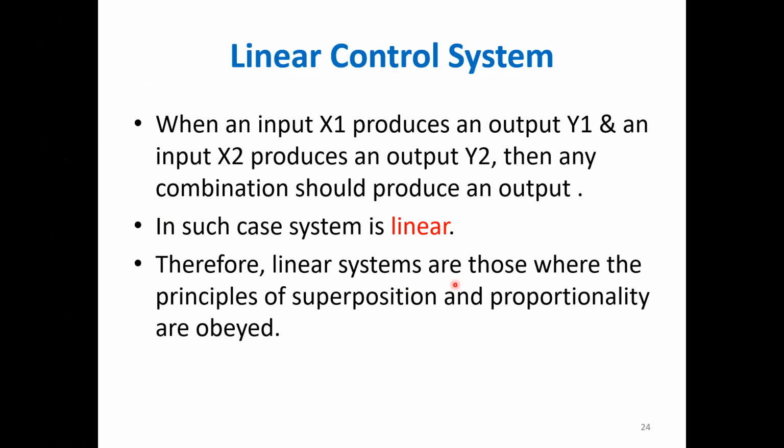Therefore, linear systems are those where the principles of superposition and proportionality are obeyed. So two principles are there: one is superposition and another one is proportionality.